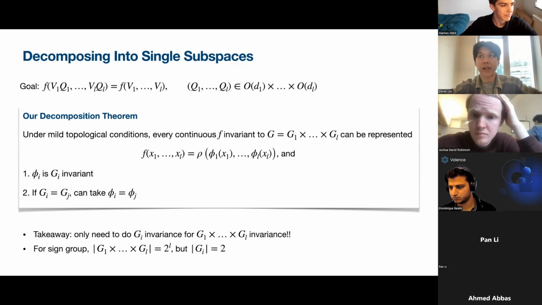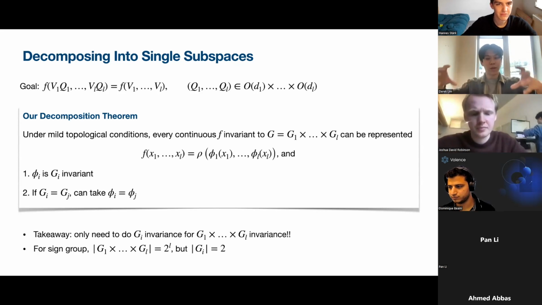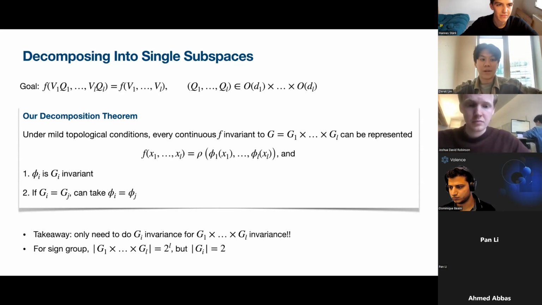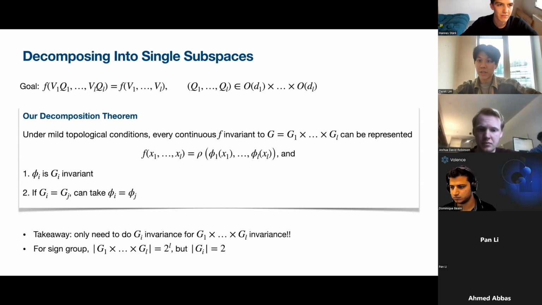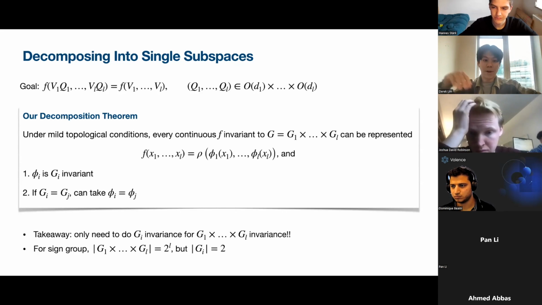What it says is that we have a higher level result, which is for any direct product of groups, G1 cross GL, under very mild topological conditions, every continuous F that is invariant to this direct product of groups can be represented in this equation as follows, where phi I is a GI invariant function.